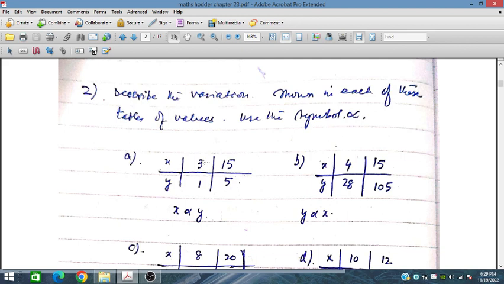As x increases, y also increases. So this is a direct relationship, direct proportion. If x is 4, y is 28; if x is 15, y is 105. This is again direct proportion because x is increasing, y is increasing.